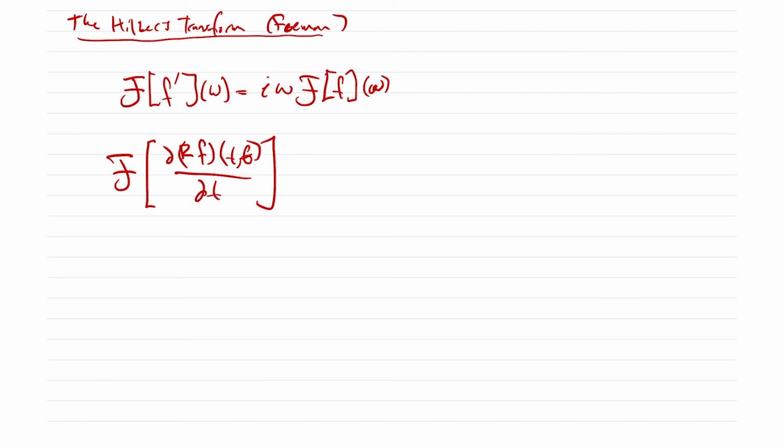Now remember, this Fourier transform is with respect to the t variable, not the theta variable. So we can go ahead and treat this just like the derivative in this formula here. So then what we get is i times s times the Fourier transform of the Radon transform of f at s, theta.